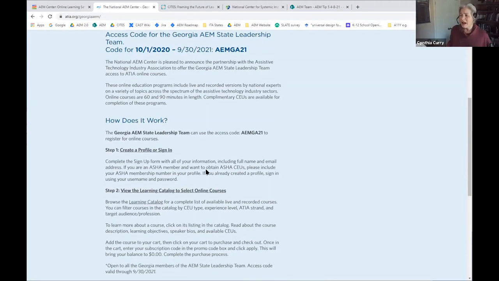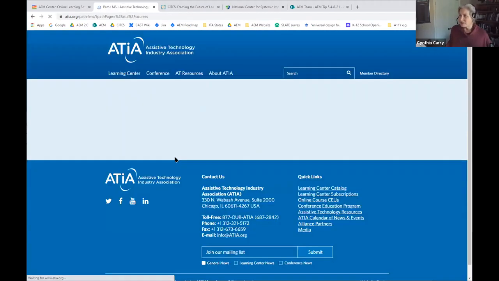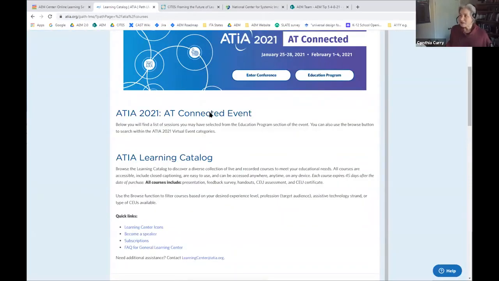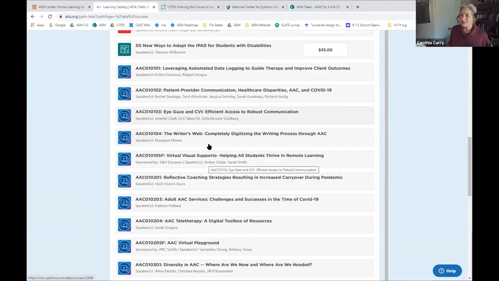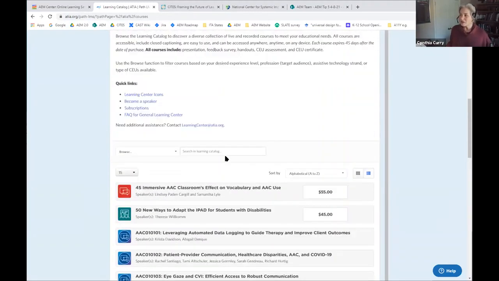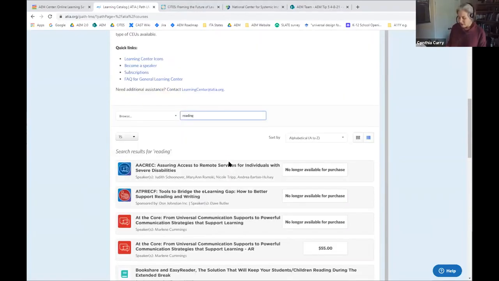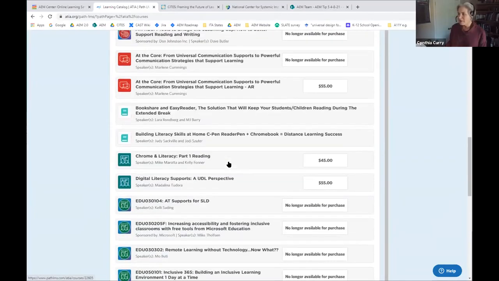There are a number of offerings through their online catalog, and this is searchable. When you come into the ATIA Learning Center link through your portal, you will see the options for courses here. You can search the database. So for example, if I search reading, which is related to accessible materials, a number of results come up.